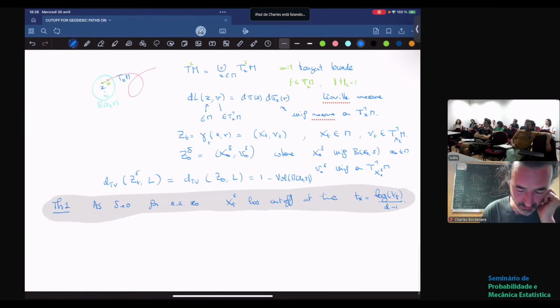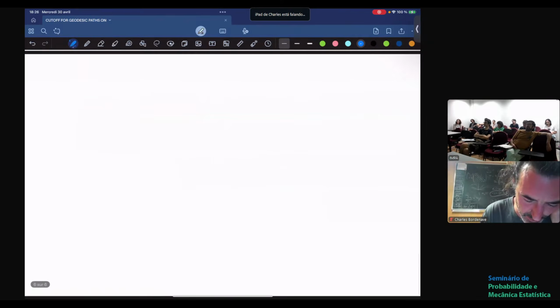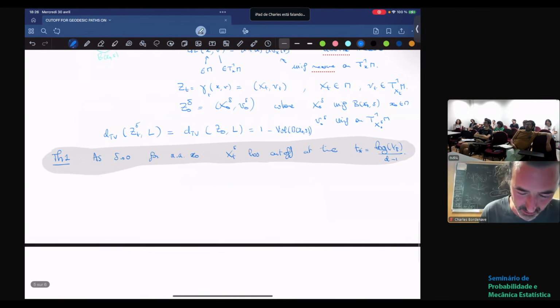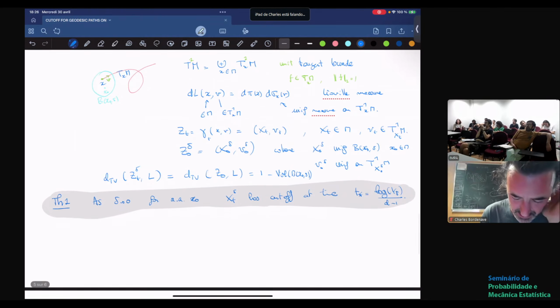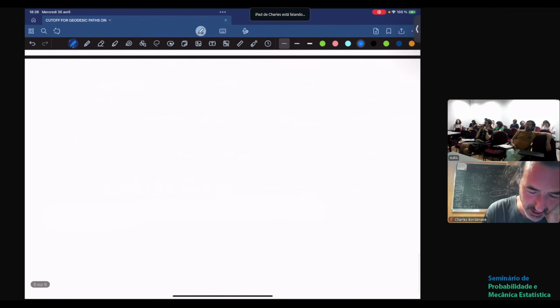Okay, so we have other results in our paper which are closer to what people have considered previously: what happens if, instead of taking a more and more localized initial condition, I consider a sequence of manifolds of increasing volume.